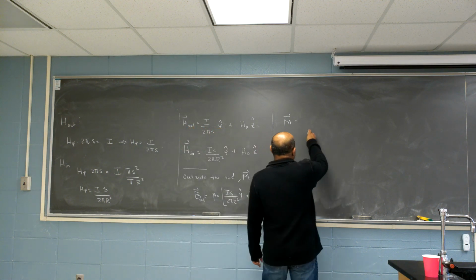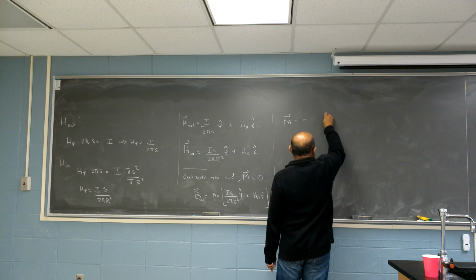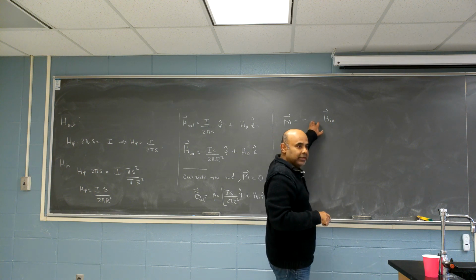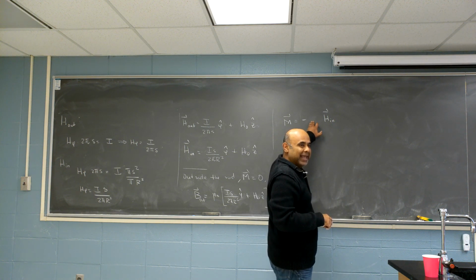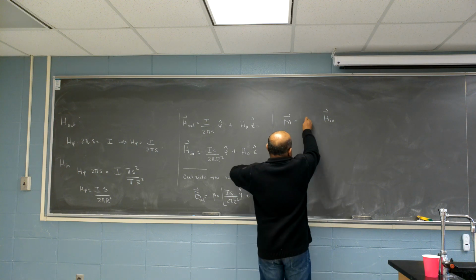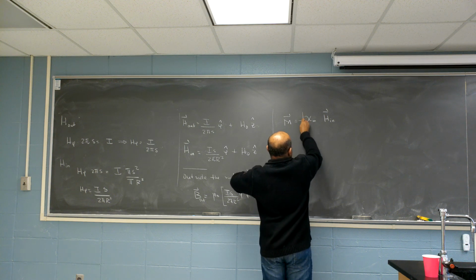So it's going to be some, I'm going to put this negative explicitly. It is chi-m, but chi-m is a negative number.